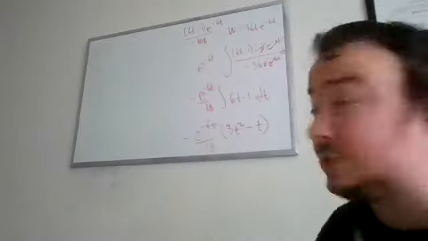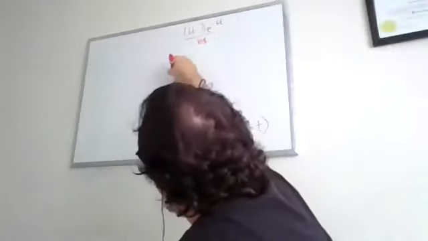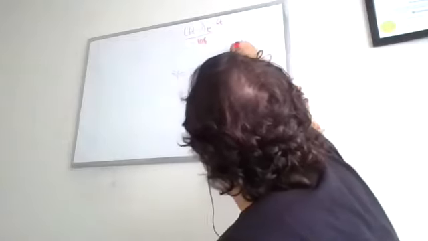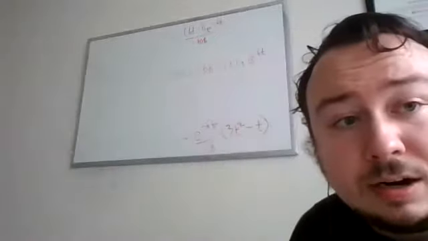So all in all, our solution will end up being the two homogeneous pieces. So our y will end up being c1, 6t minus 1, plus c2, e to the negative 6t. And then we throw in our particular solution.